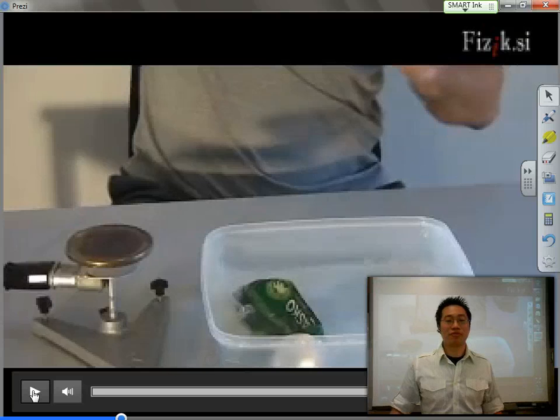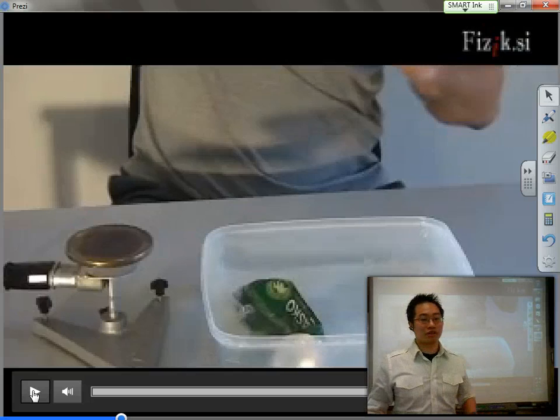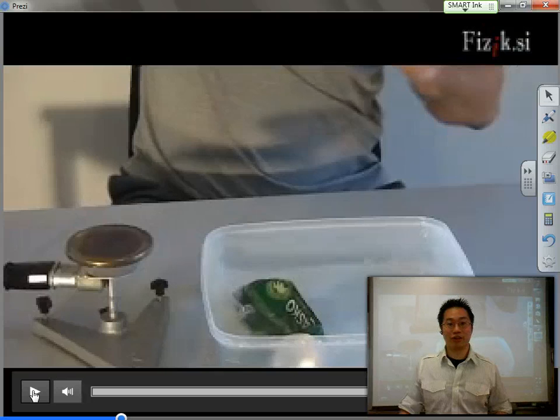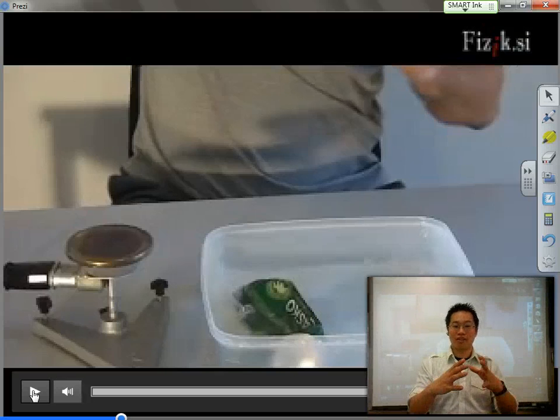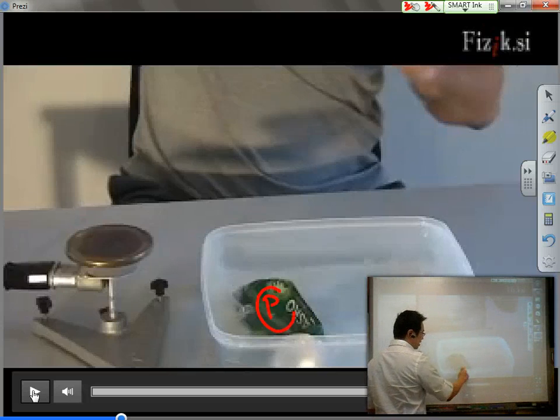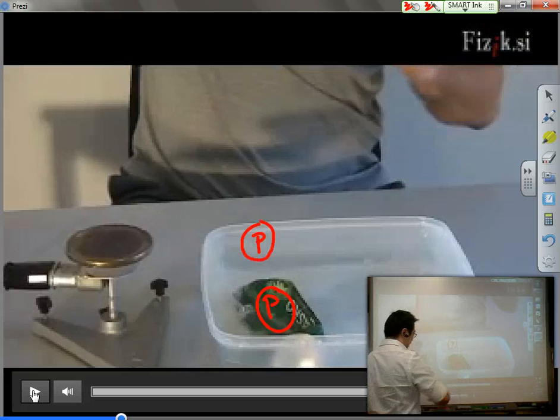Okay? And the volume decreased in order to keep the pressure the same inside. Because technically, as temperature goes down, pressure goes down. But the air around doesn't want that to happen, so it will literally crush the can in. So that way now, with the can being crushed, the pressure inside the can is the same as the pressure outside the can. And the air outside just pushed it in.